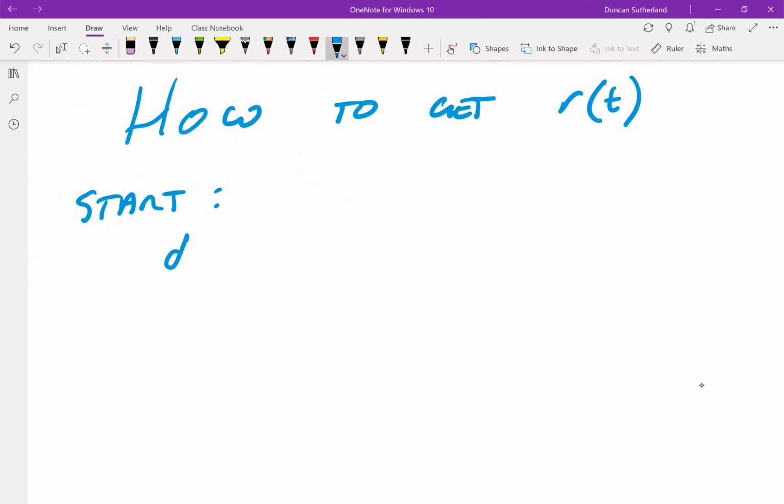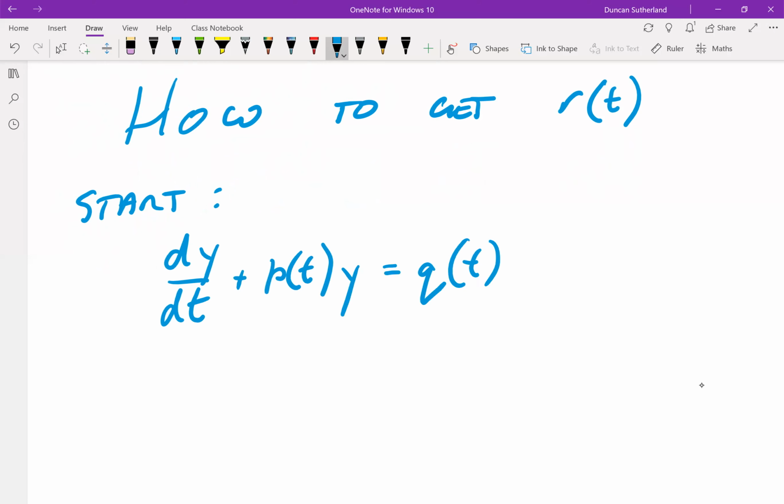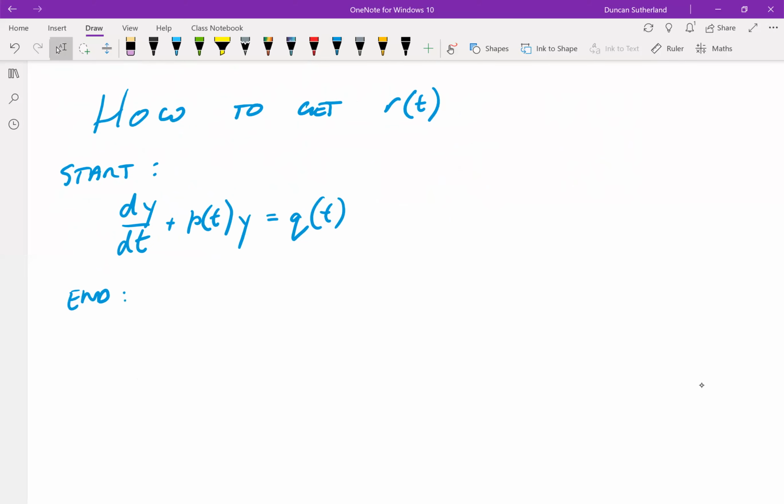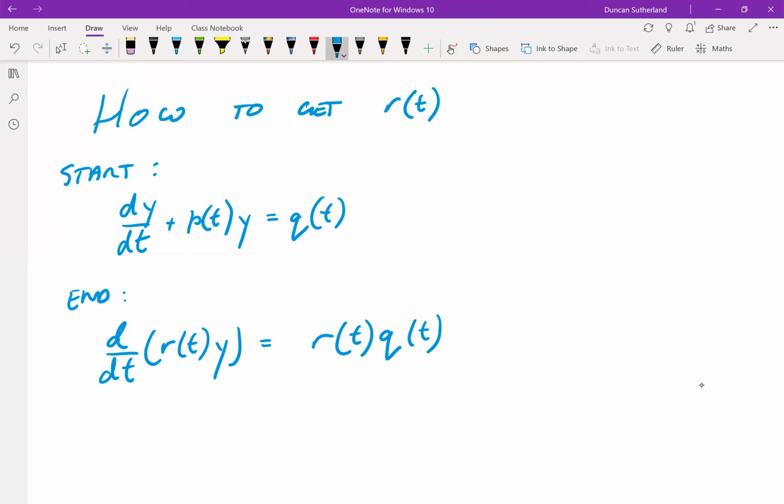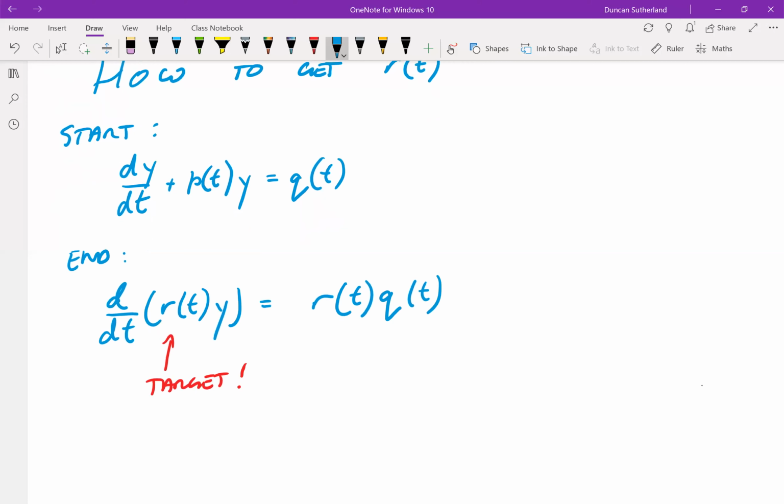So we start at our linear equation. We end at our directly integrable equation. And we target R. We can use the product rule to expand this.